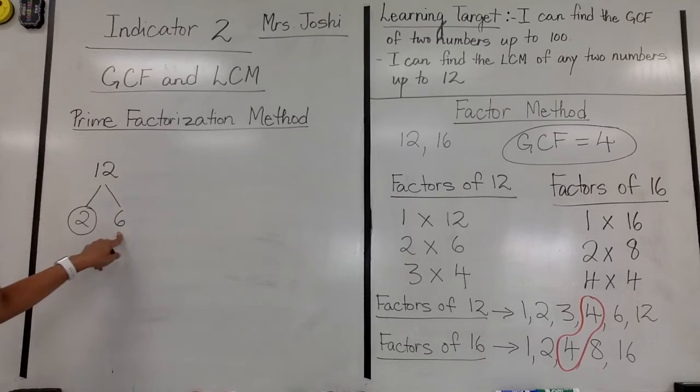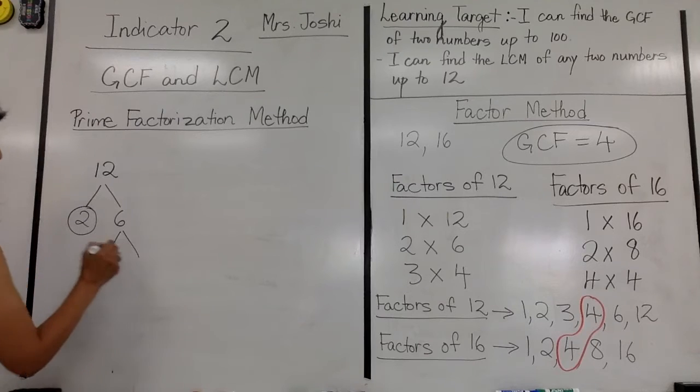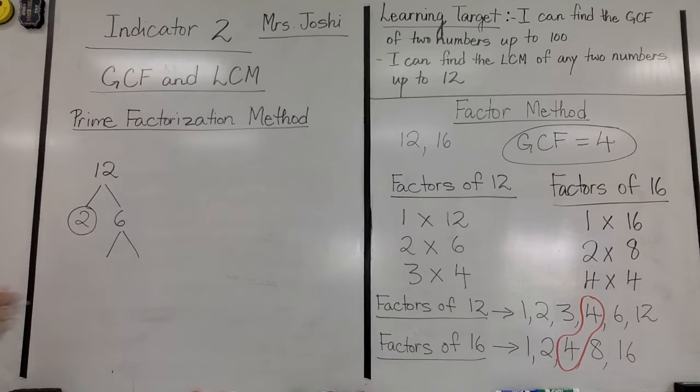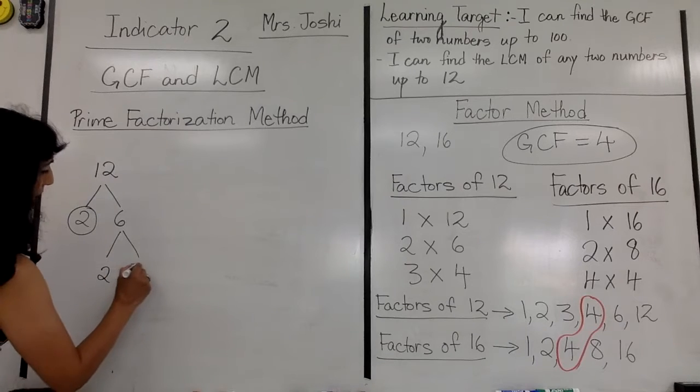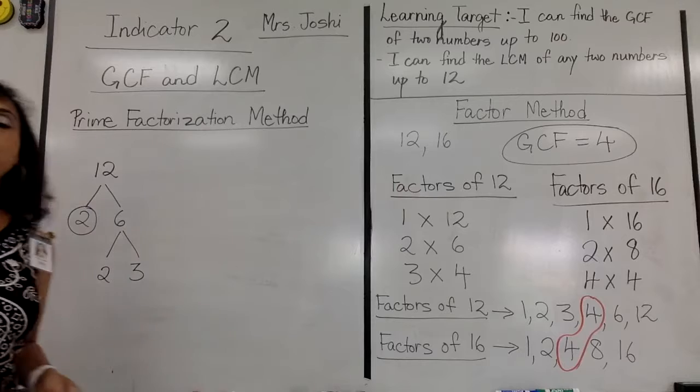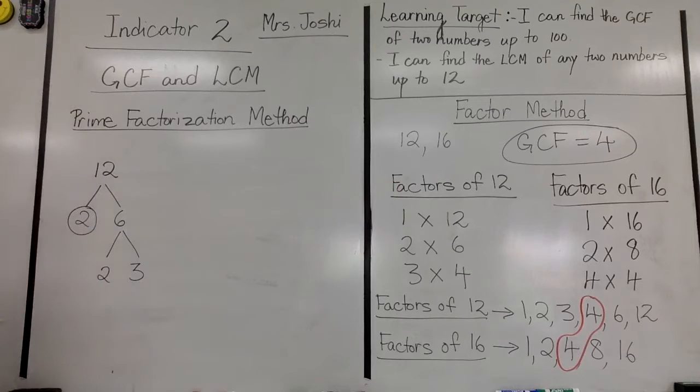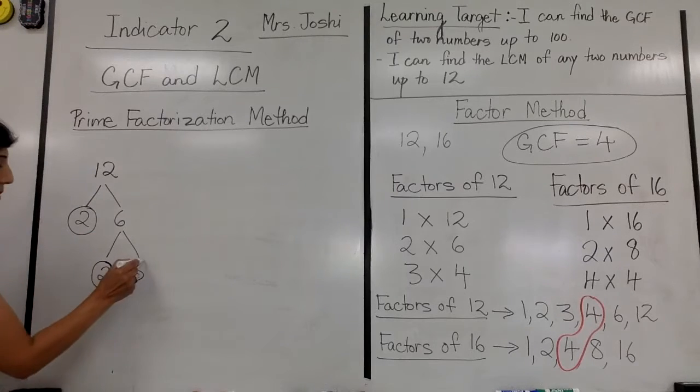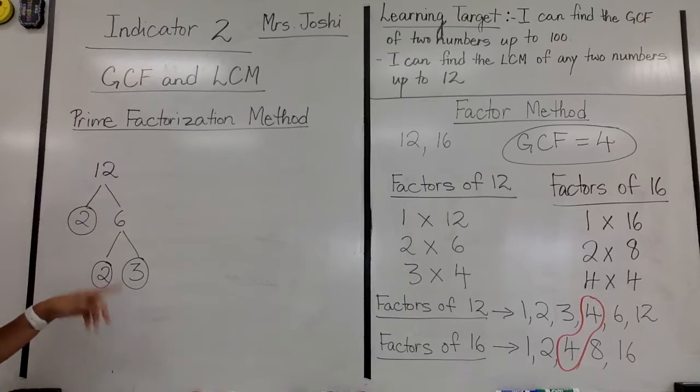It's not a prime number, so I need to break this down further. What are the factors that give me 6? 2 times 3 gives me 6. And yes, both of these are prime numbers. So first I break down 12 into the prime numbers at the bottom.